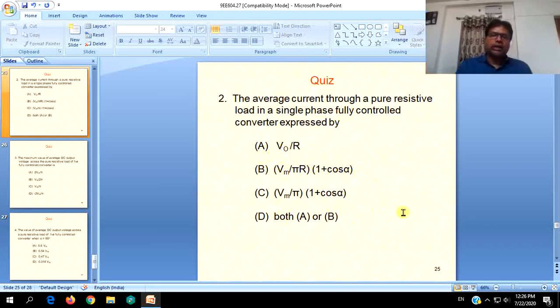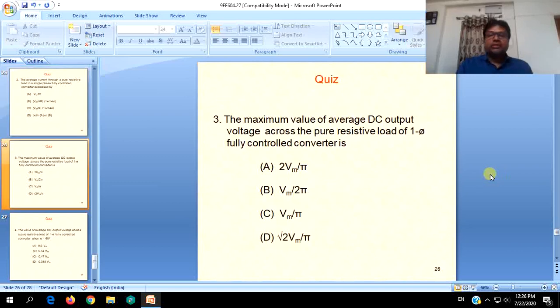So both A and B are correct. The maximum value of average DC output voltage across the pure resistive load of a single phase fully controlled converter, as we have already gone through, is 2 Vm by pi, by varying alpha.